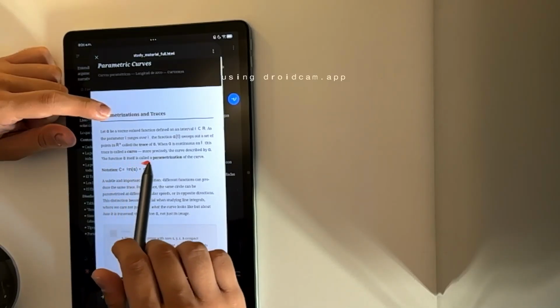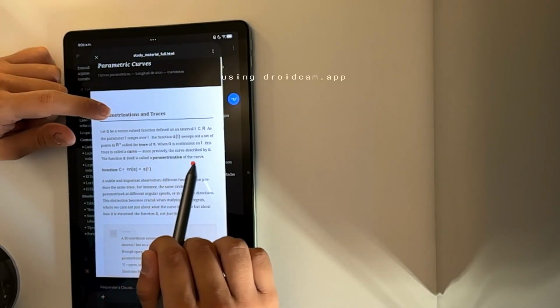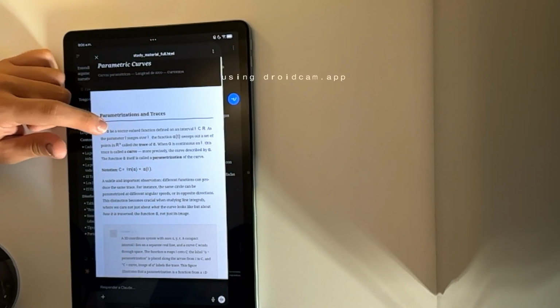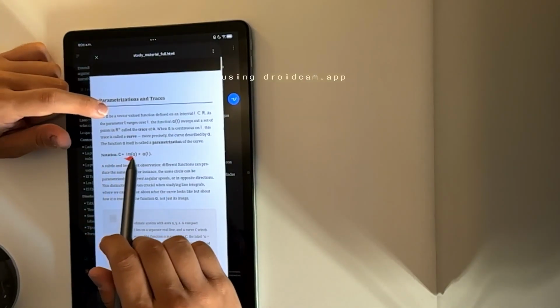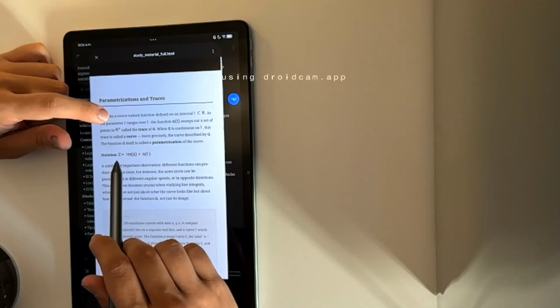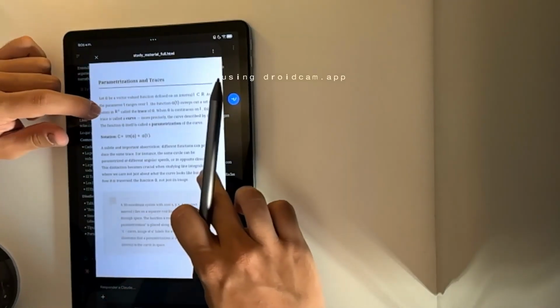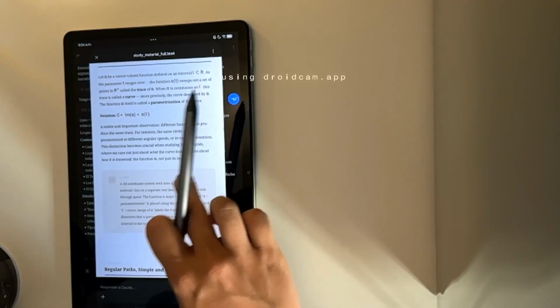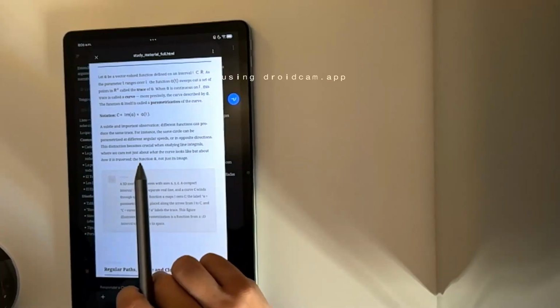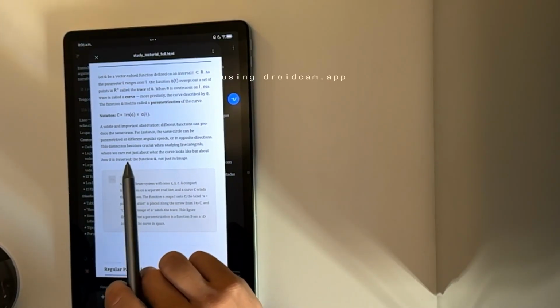The function alpha itself is called the parameterization of the curve. A subtle but important observation: different functions can produce the same trace.